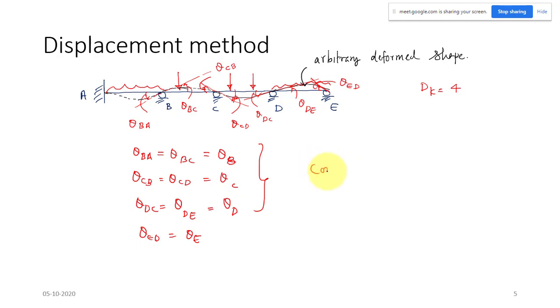It means the relation between displacements: the rotation at point B in span BA and BC will be equal.